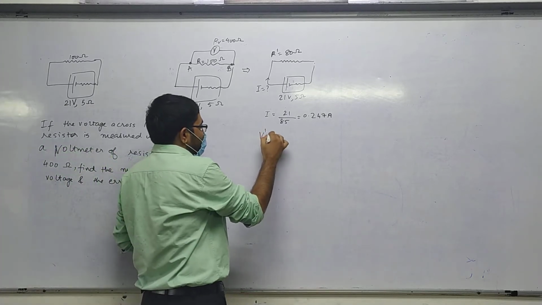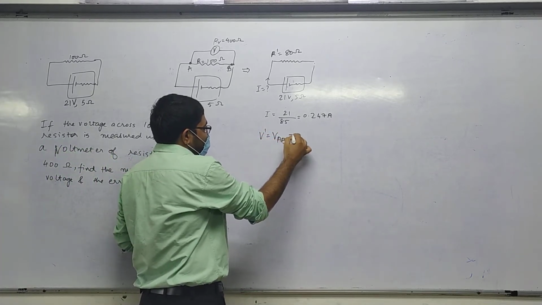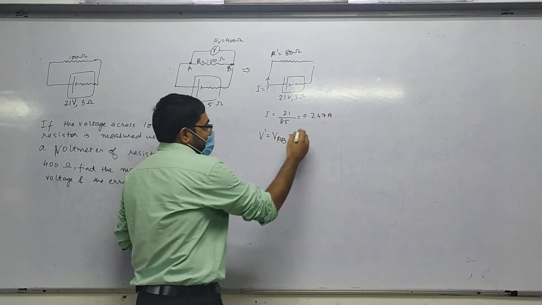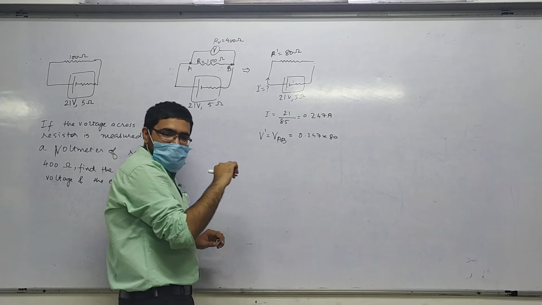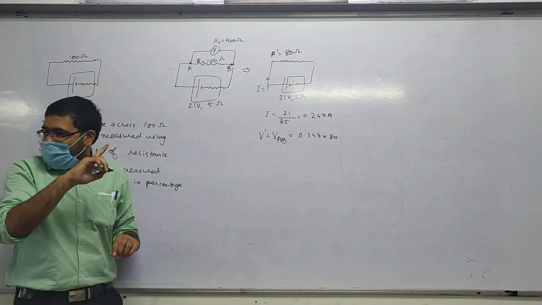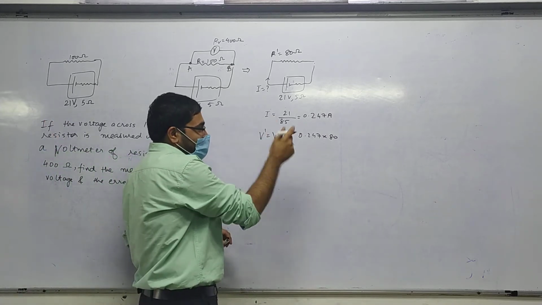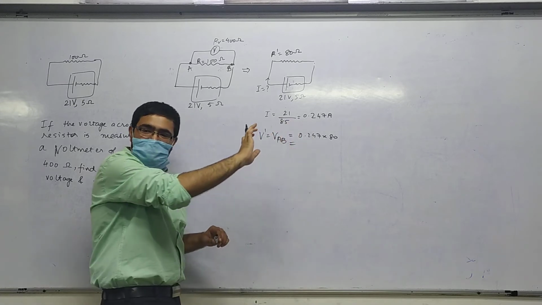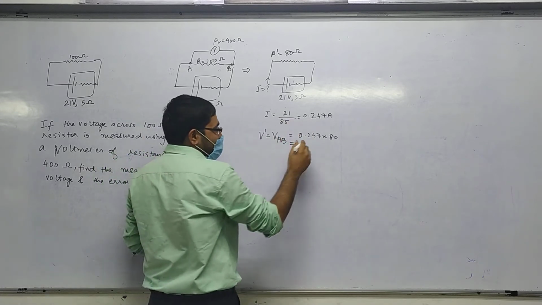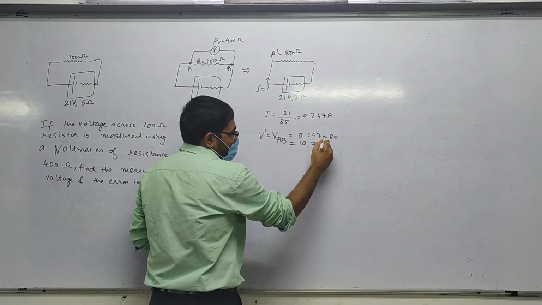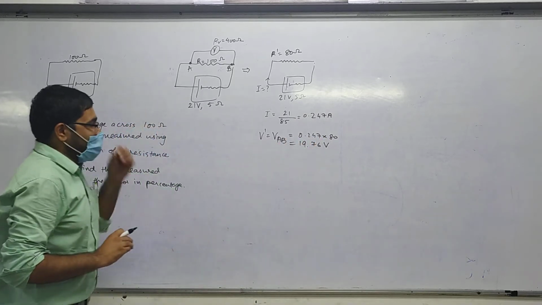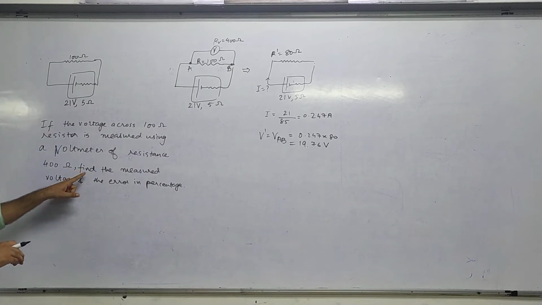So V dash, which is equal to VAB, which is also the reading of the voltmeter, how much would that be? 0.247 multiplied by 80. Correct or not? I am assuming you know the concept. So what do we get? 19.76. Okay, so that will be the reading. Fine, that is the measured voltage. Now the percentage error.